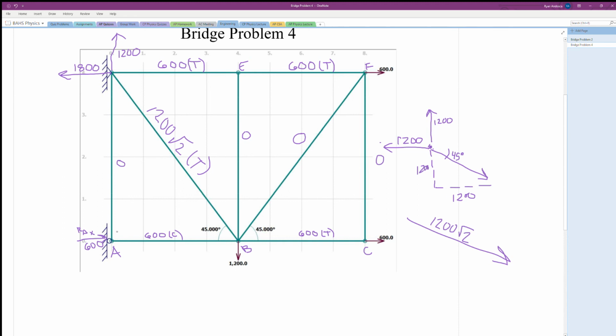Maybe it was switching the roller and the pin to opposite sides, but honestly, if you just rotate your head a little bit, this is no different from other problems with the pin on the left and the roller on the right, except now you can think of this as the ground if it makes it easier for you. But you can have a bridge pinned in different areas as well.